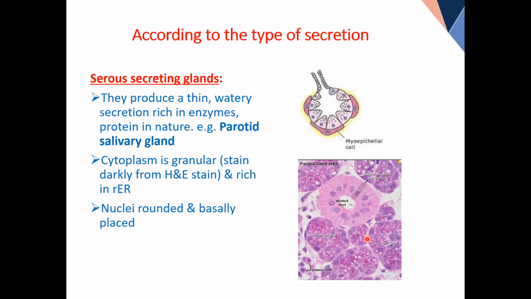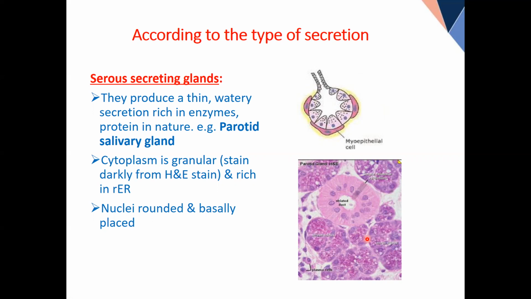The type of organelle which is abundant in their cytoplasm is rough endoplasmic reticulum. Rough is rough because it is studded with ribosomes, and ribosomes contain ribonucleic acid, which is RNA.